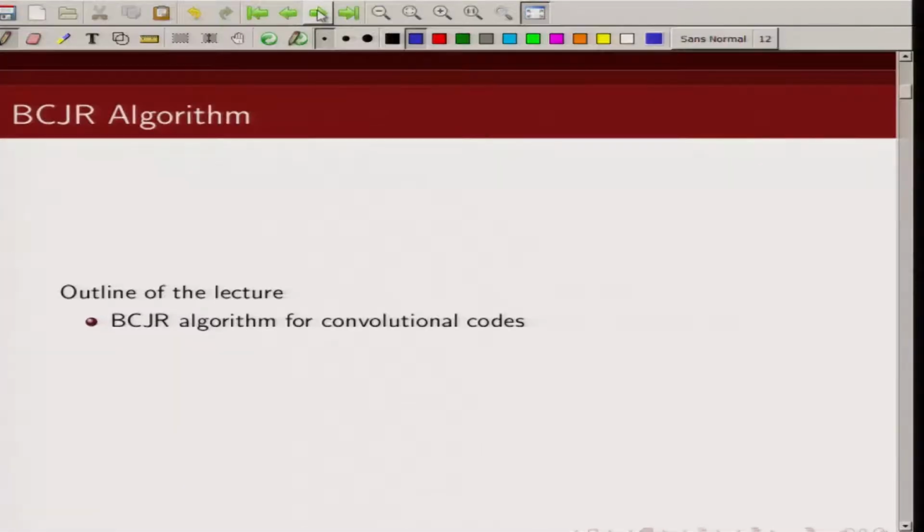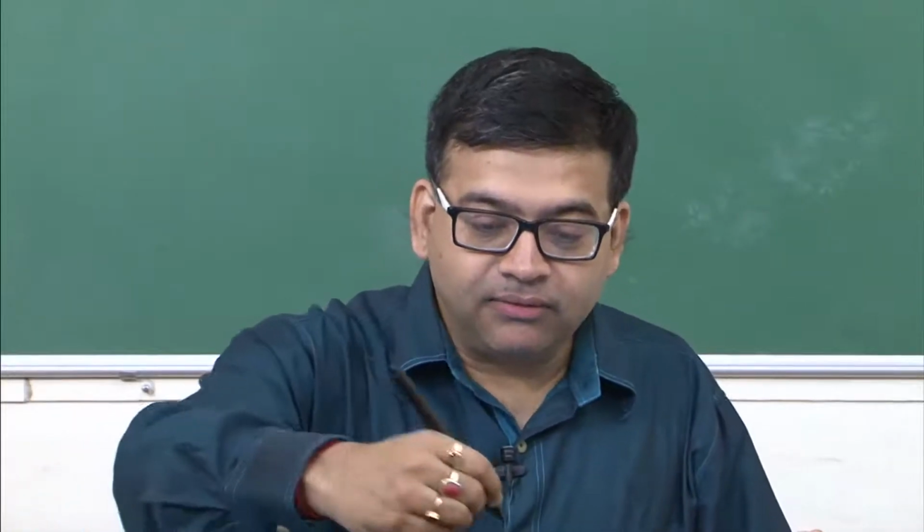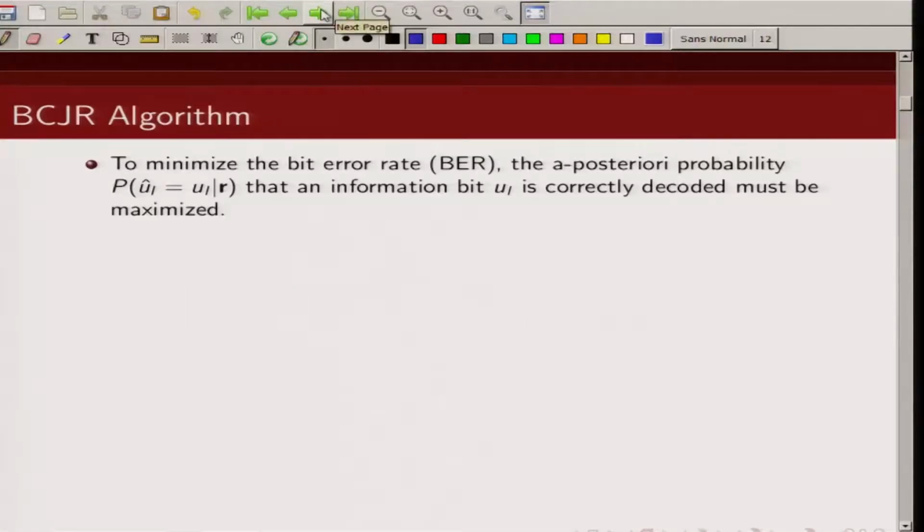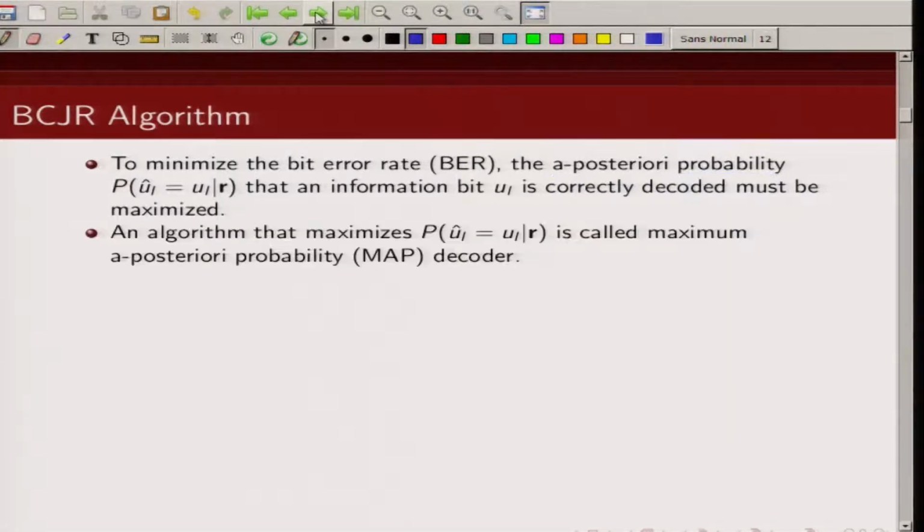So, today we are going to talk about a decoding algorithm which is basically going to minimize bit error rate probability, symbol error rate probability. We are going to use a posteriori probability based algorithm to estimate our information sequence, and this algorithm which maximizes the probability of u hat given the received sequence R is known as MAP decoder.